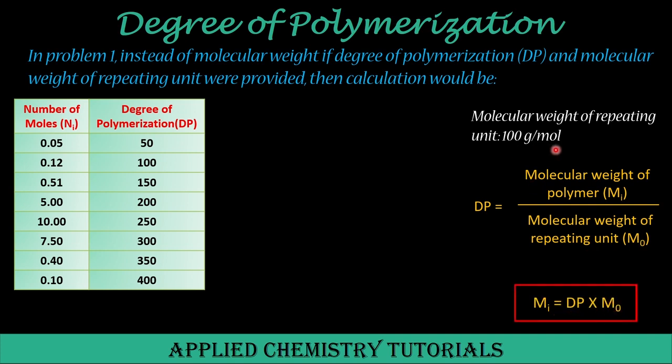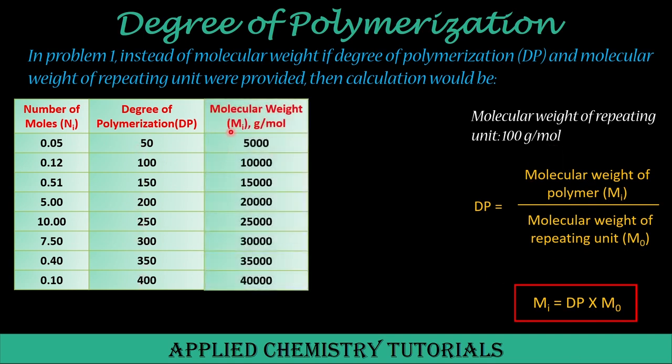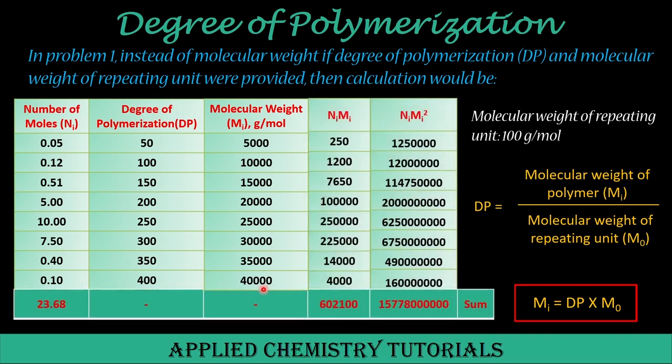Here M naught is 100 gram per mole and DP for each fraction is given in the table. So you can calculate the molecular weight of each fraction by multiplying DP with 100. So 50 multiplied by 100 is 5000, 100 multiplied by 100 is 10,000 and so on. So we got the molecular weight of each fraction. Now the rest of the calculation is just like before.